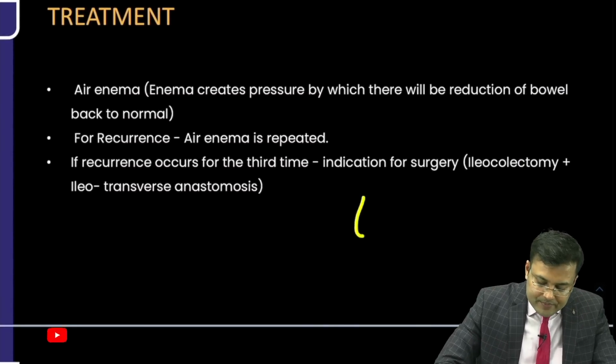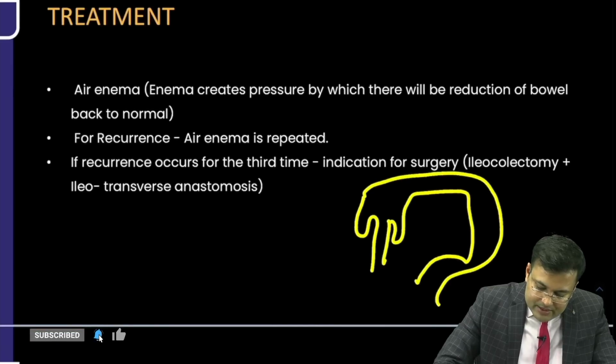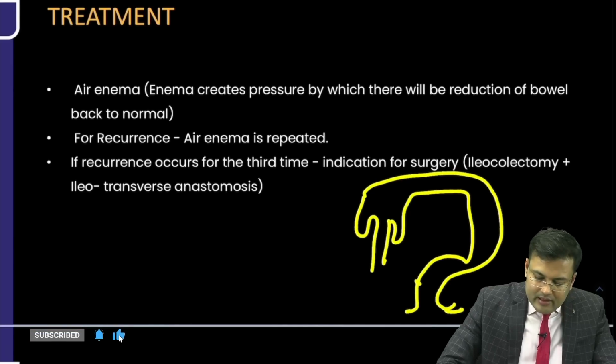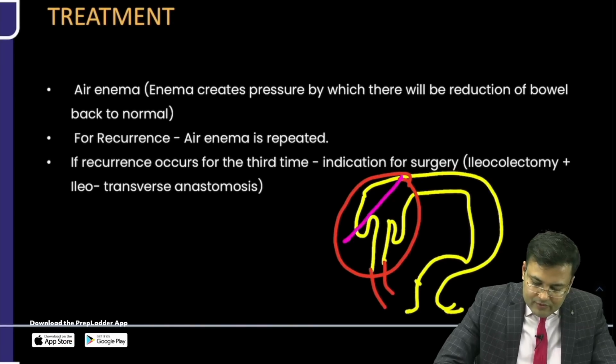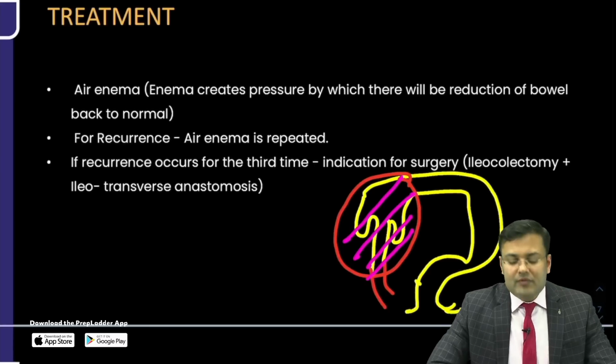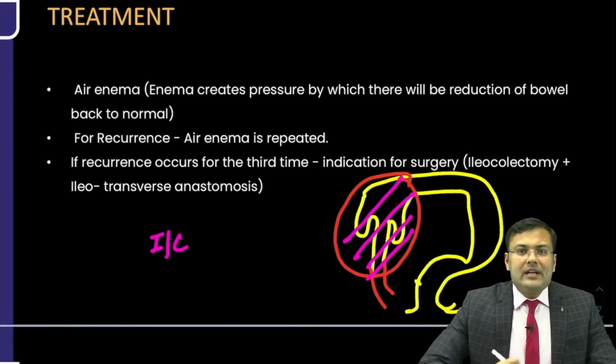How do we do it? See the diagram. The diagram is something like this. This part is involved in intussusception, so I am going to remove this part. Ileum and colon are removed. Name of surgery, iliocolectomy. What kind of anastomosis?